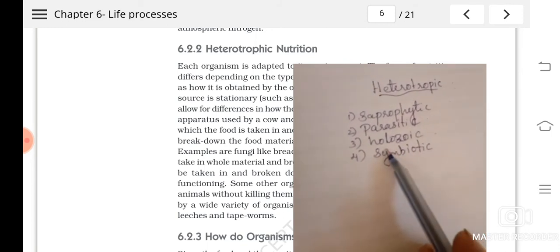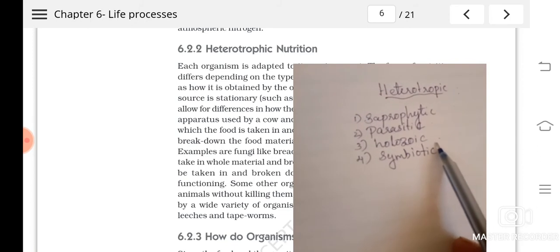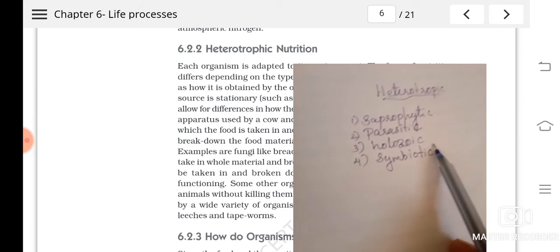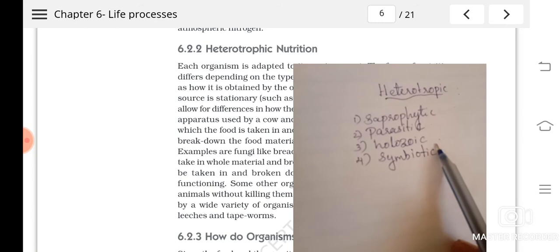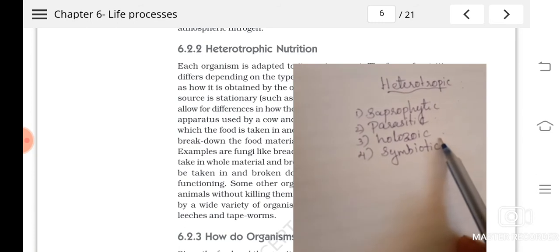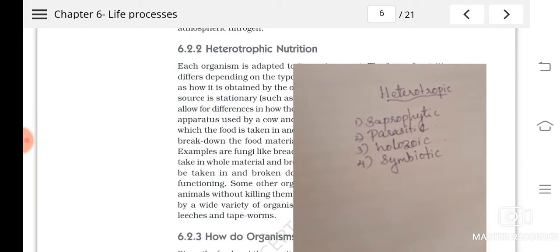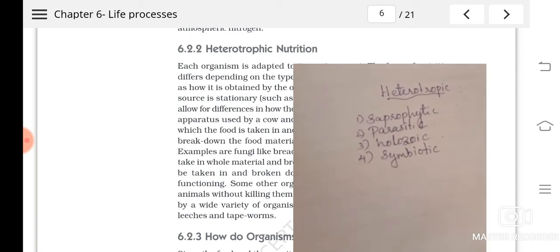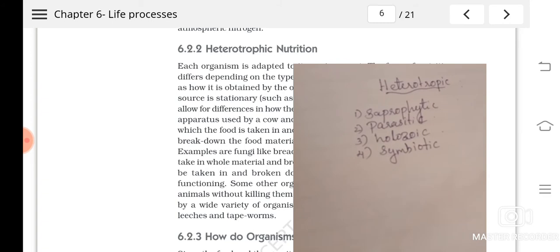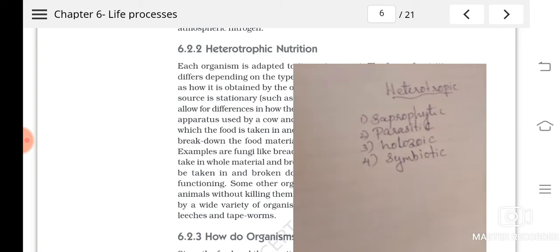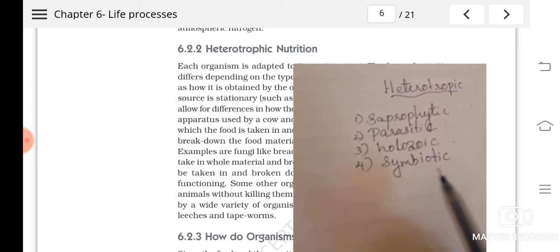Then holozoic. Holozoic nutrition means here the organism ingests the food. I'll tell you the various steps of holozoic nutrition. First the organism will ingest, or intake, the food, and the digestion process takes place inside the body of the organism. That kind of nutrition is called holozoic.